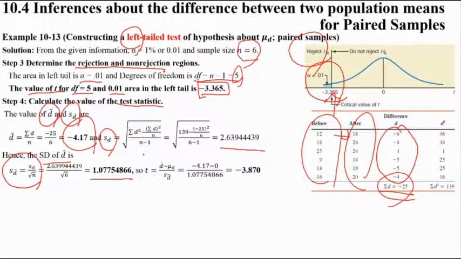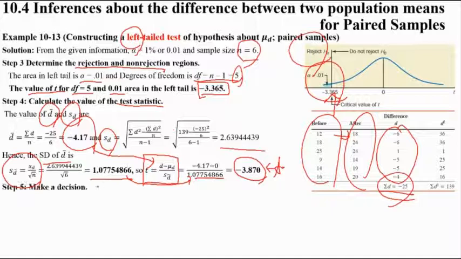So finally we try to find the t value by plugging in. The d value summation comes here, right, and the mu value is 0 because it's equal to 0. This value from here, right, the standard deviation comes out, which gives this t value. Okay, so step 5, conclusion.